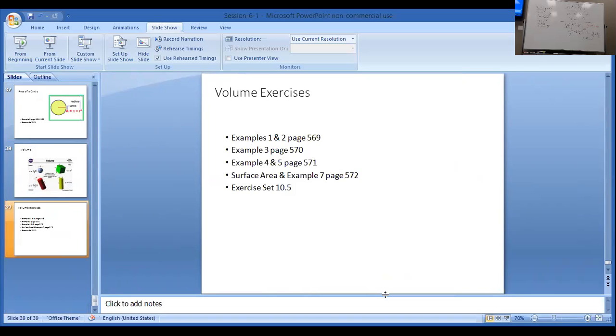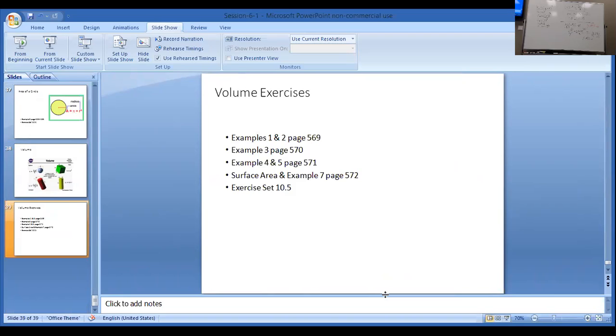Now, the problem also tells us the truck can carry 10 cubic yards. So how many times does the truck have to come and take away this dirt? You have 1,200 cubic yards.